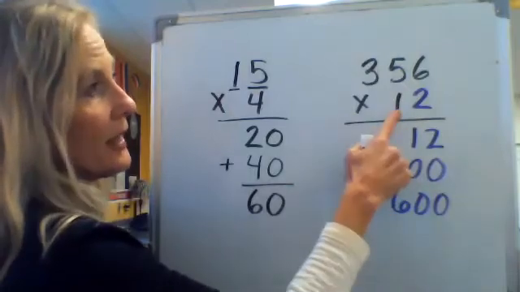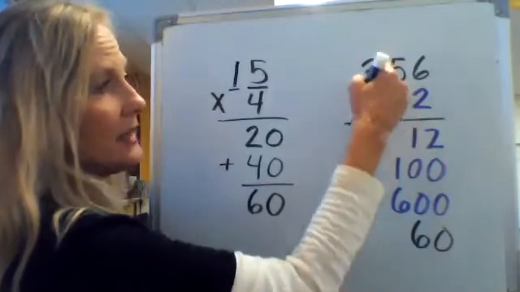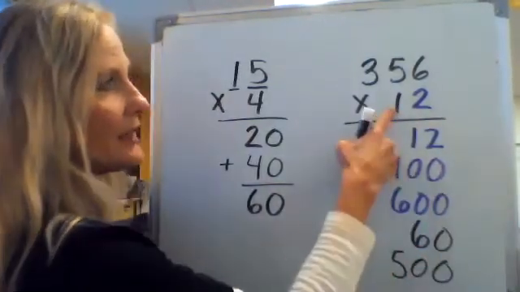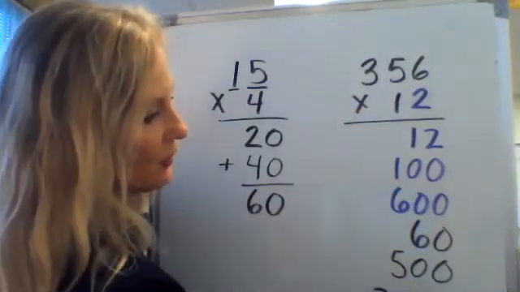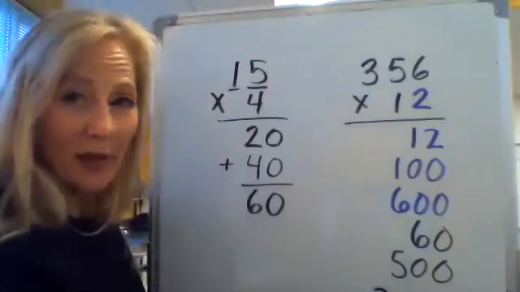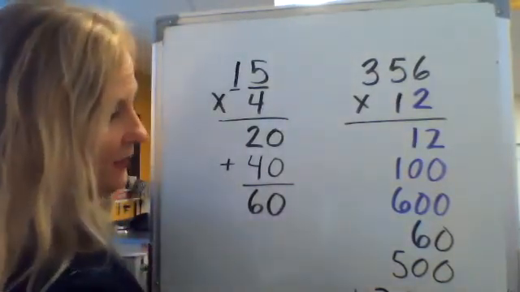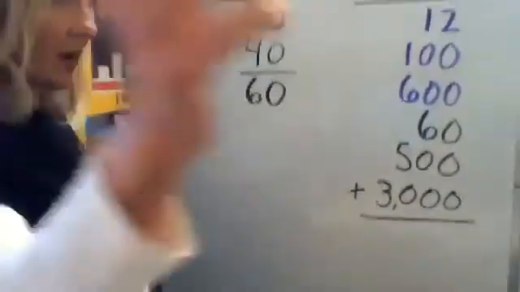So now I'm going to multiply 10 times 6 is 60. 10 times 50 is 500. And 10 times 300 is 3,000. And you can use your place value chart whenever I'm having to multiply by tens, hundreds, thousands. Review back to that. So then I can use these partial products.